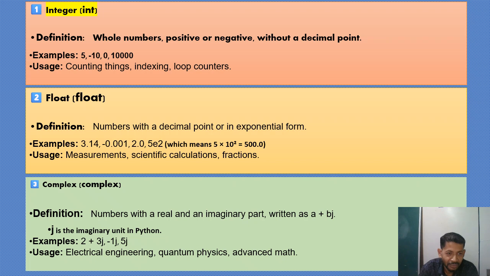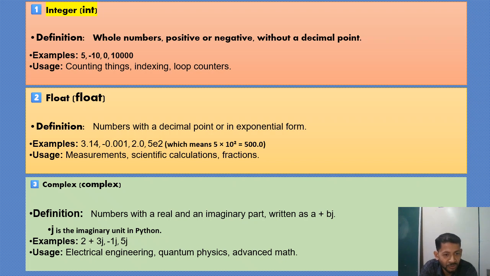What is integer? Integer you can write in short as int when you write the program. Next video I will show you. When you write the program, you will write int in short form for integer. What is the definition? Whole numbers, positive or negative, without a decimal point.